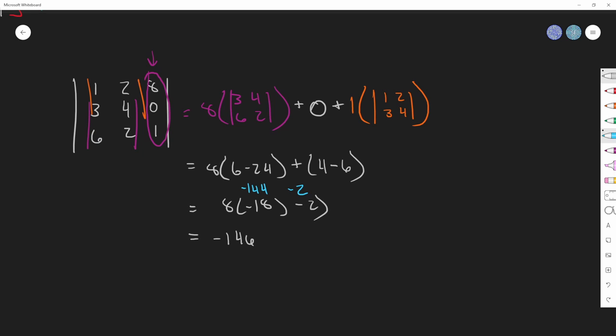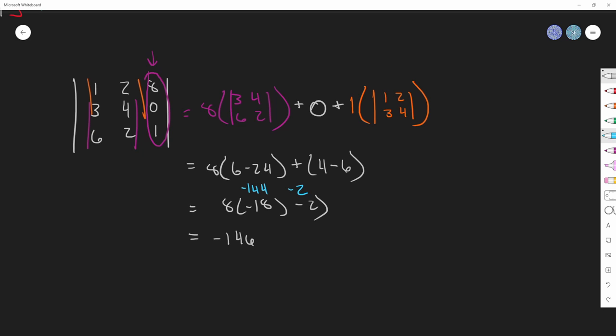So that's a much faster way, because we just have to do one less multiplication and subtraction. We still have to find the determinant of 2 by 2 matrices, but it becomes very useful with a higher dimension matrix, like a 5 by 5.